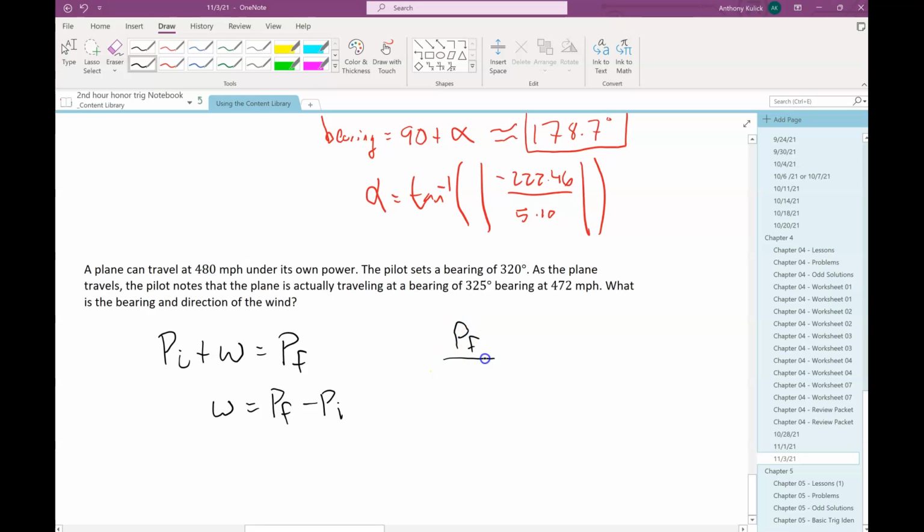So my final settings for the plane, it said the bearing was 325 degrees and the speed was 472.